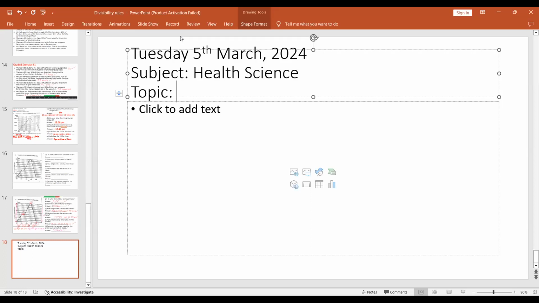Biceps and triceps is an example of antagonistic muscles. So when the biceps contract, the triceps is gonna do what? Relax. And then when the triceps contract, what are the biceps gonna do?